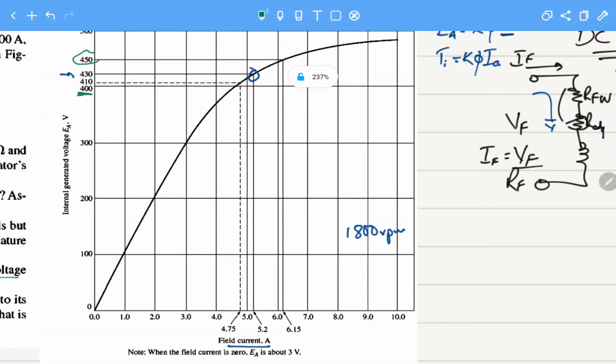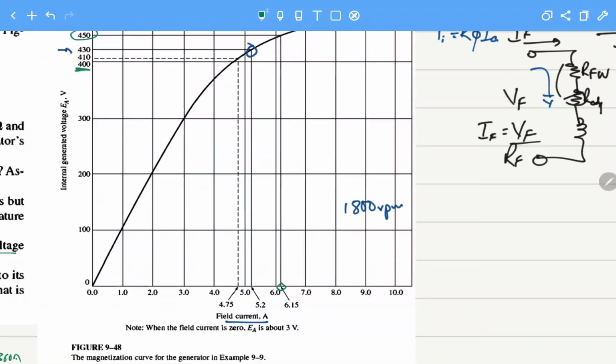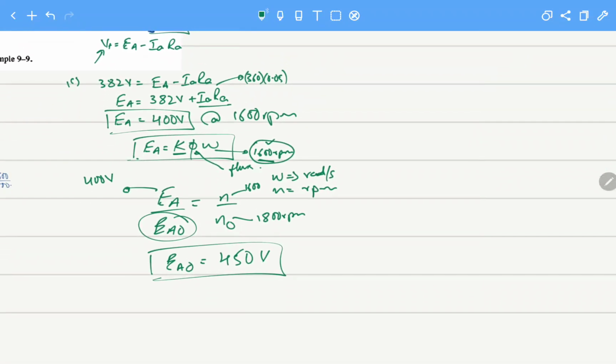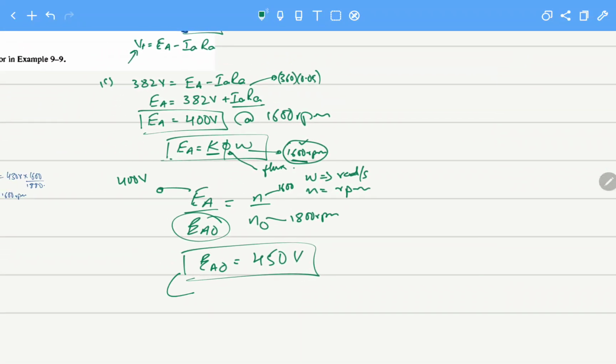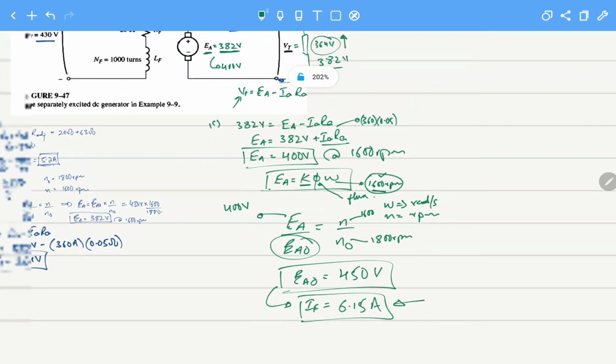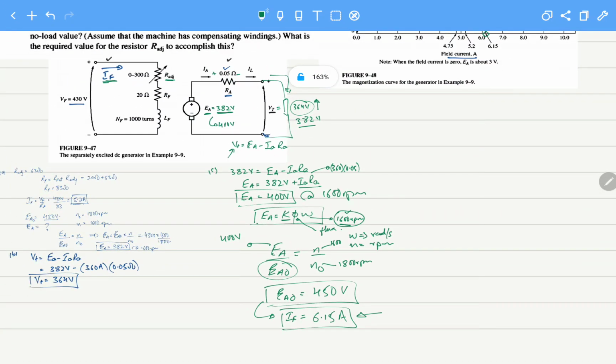At 450 volts, the current will be 6.15. So EA equals 450 volts, and at this voltage IF equals 6.15 ampere. This is the current that should flow in our field winding to get 400 volts, which will eventually give 382 volts output at the generator.